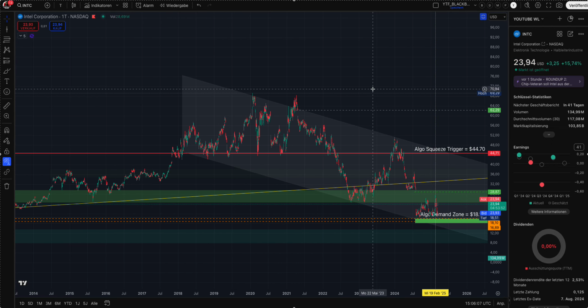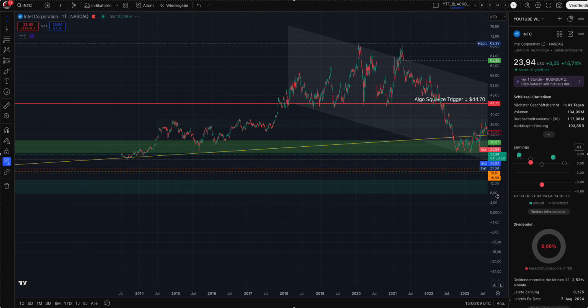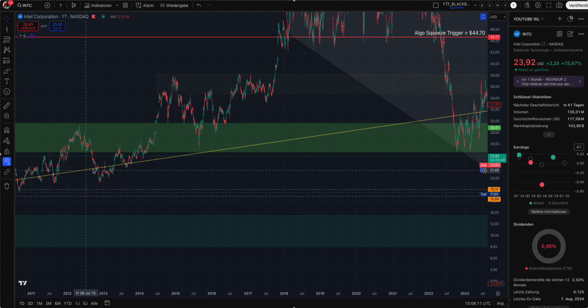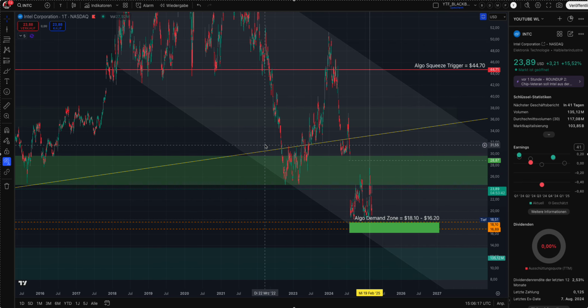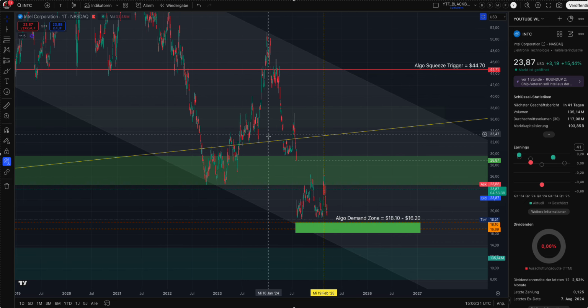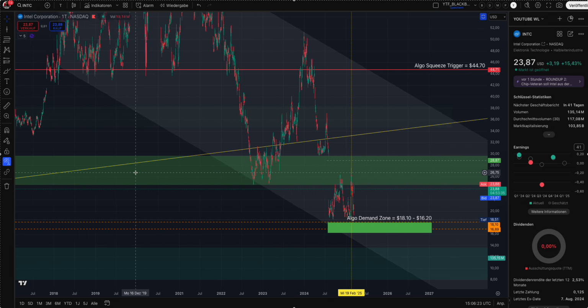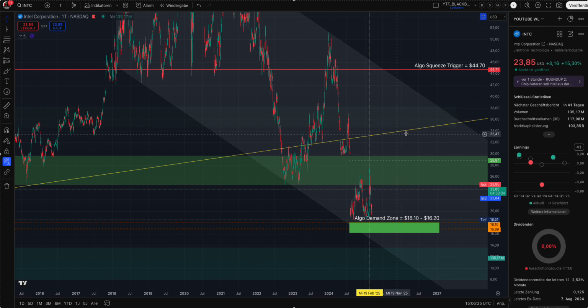This is not financial advice, but I am super bullish on Intel because we have a very strong uptrend over the years, marked by this yellow line in the chart. And you can see that as soon as Intel comes back over this line, we have a super bullish breakout and the trend channel bottom. So this is something like a macro trend line, the yellow trend line.